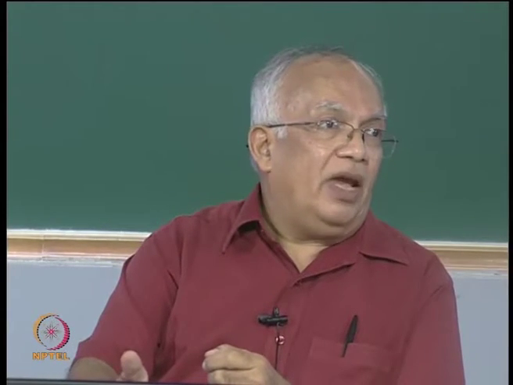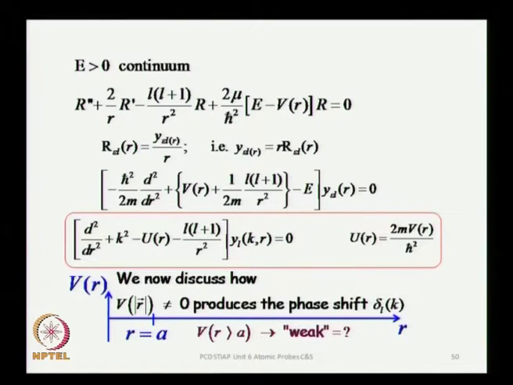Now, are all of these cases admissible in our treatment? The answer is no. And what exactly is this restriction is what I am going to discuss now. So, we will answer this question as to what we mean by the potential being weak in the asymptotic region.